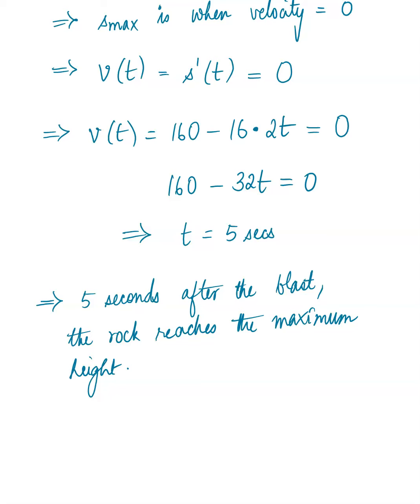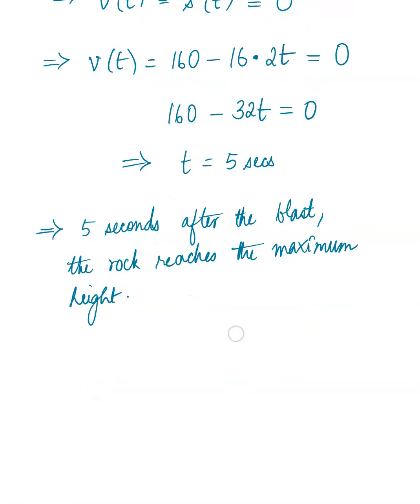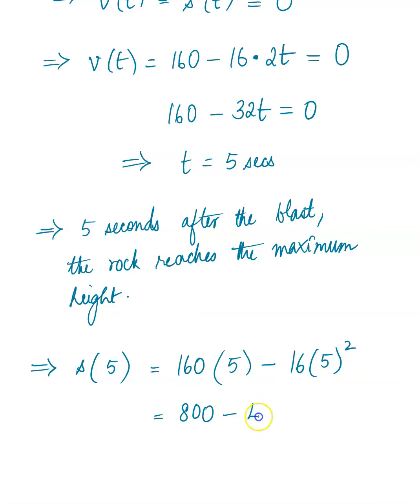Even now we haven't really found S max, we only found the time when it reaches that maximum height. So I have to find the height when t is 5. In my given equation, wherever t occurs, I have to plug in 5. And computing that gives you 800 minus 400, which is 400 feet.